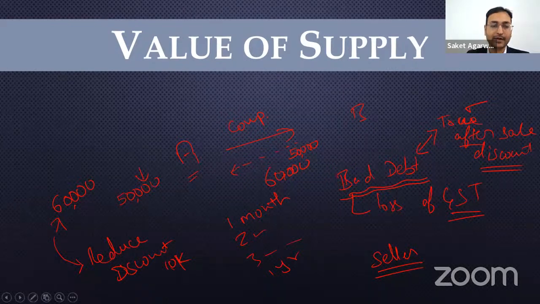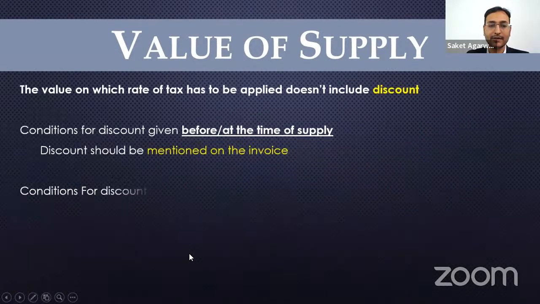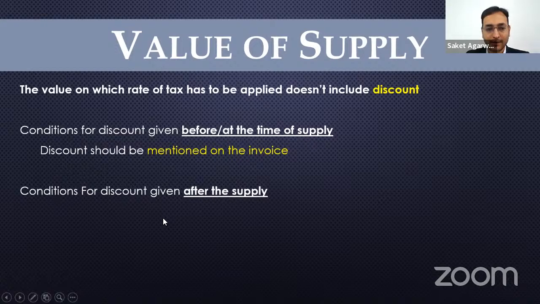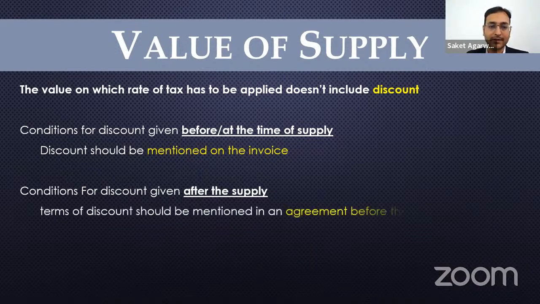So keeping this objective in mind, what the government has done is, government is saying, if you want to minus discount, which has been given after the sale, then these are the conditions you have to fulfill. First condition is, the terms of the discount should have been agreed before the sale took place.